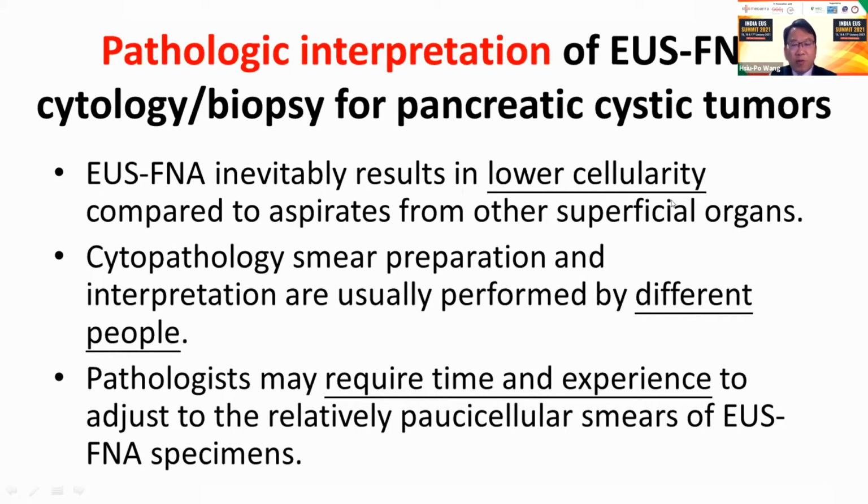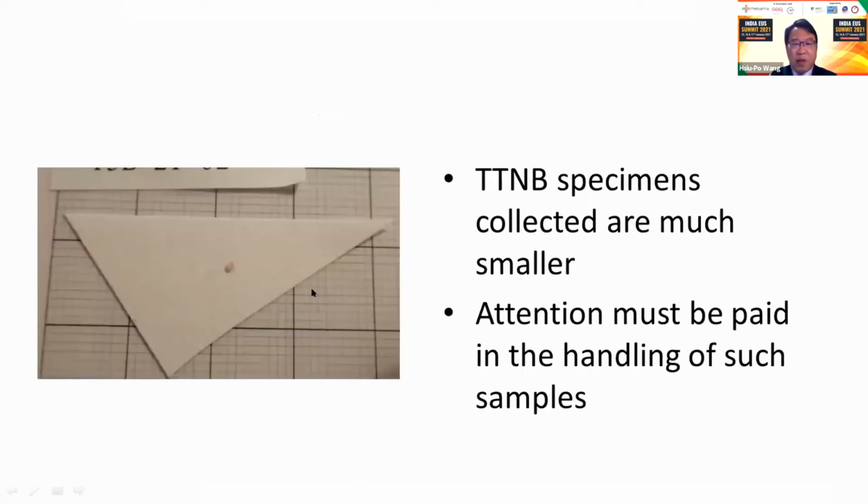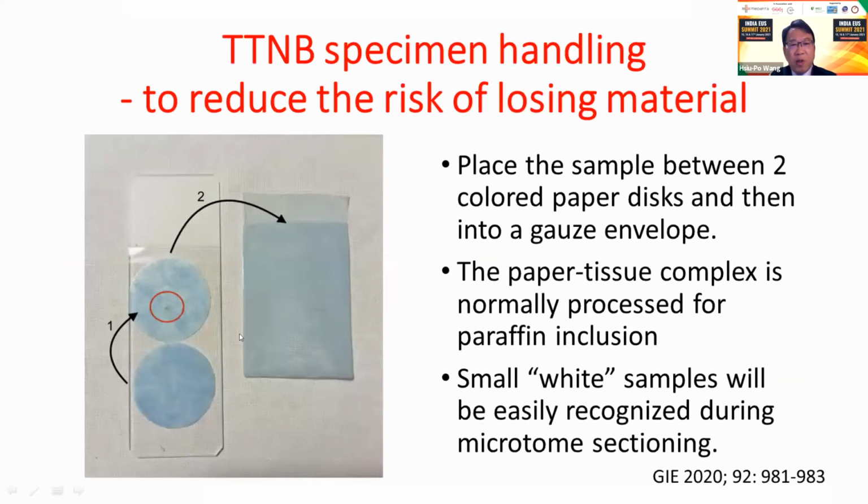The result is low cellularity. The cytology smear preparation and interpretation are usually performed by different people, and pathologists also require time and experience to adjust to the relatively paucicellular smear from EUS FNA specimens. The very small tissue specimen taken by through-the-needle biopsy is much smaller than usual, and attention must be paid in handling such samples.